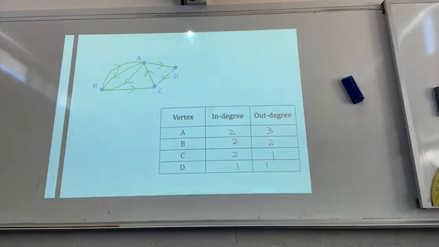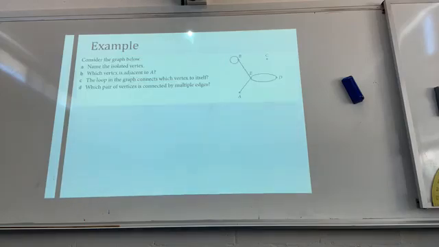All right? Now, let's have a look at the question. What is the isolated vertex for this? C. Pretty straightforward. Which vertex is adjacent to A? E. The loop in the graph connects which vertex to itself? B. Yep, correct.